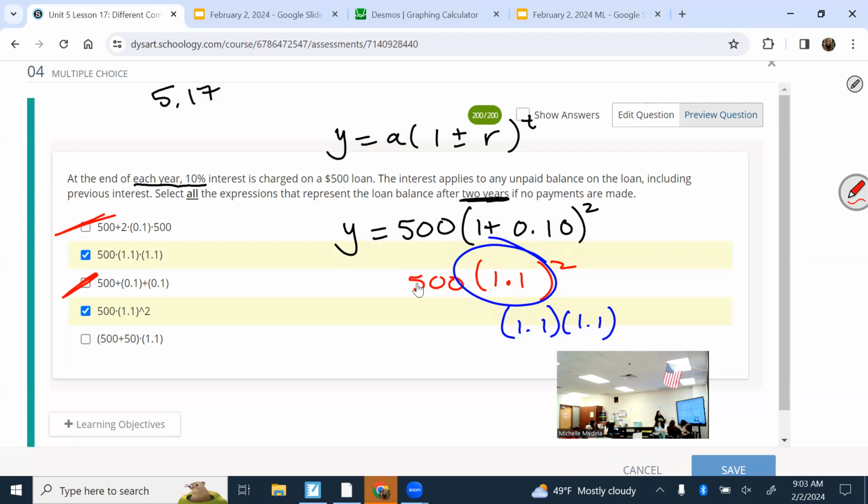That's more like our linear equations. And this is clearly exponential when it increases by 10% each year. And this one down here is just weird. Why would I add 50 to the 500? I don't know. So I'm gonna go with those as the only 2 viable options. Does that make sense? Okay.